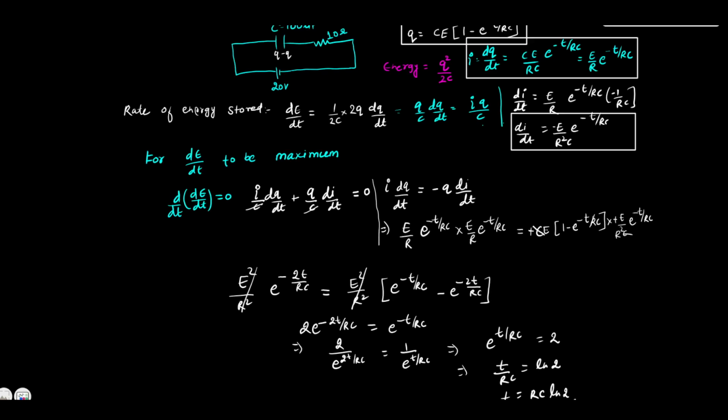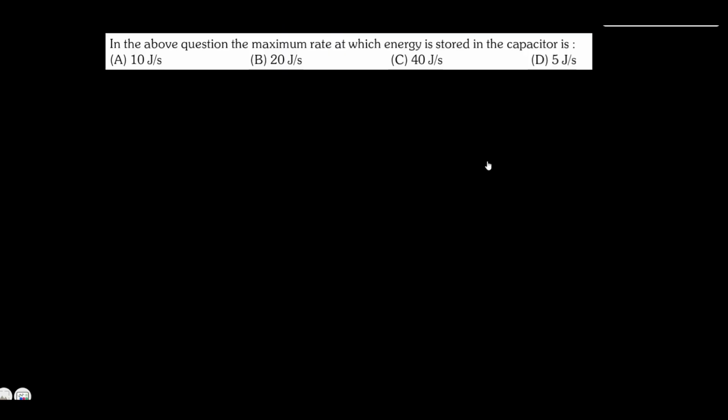So the rate of energy stored in the capacitor is d by dt, and we got Q times I by C. Q I can substitute as CE times (1 minus e raised to the power minus t by RC), divided by C, and I is basically E by R e raised to the power minus t by RC.